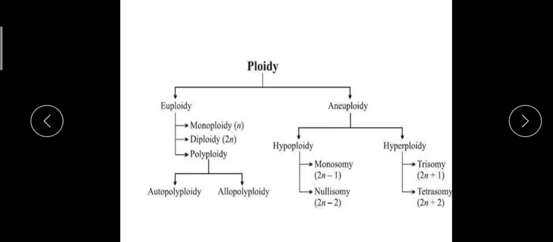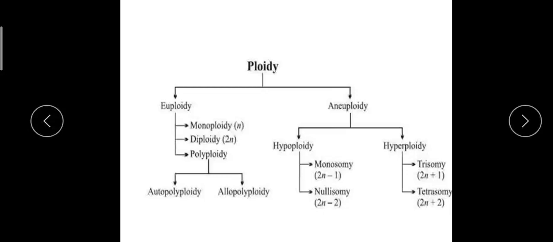Again, haploidy can be of two types, euploid and aneuploid. In the case of euploid, the number of chromosomes is exactly the same as that found in the gametic cells.